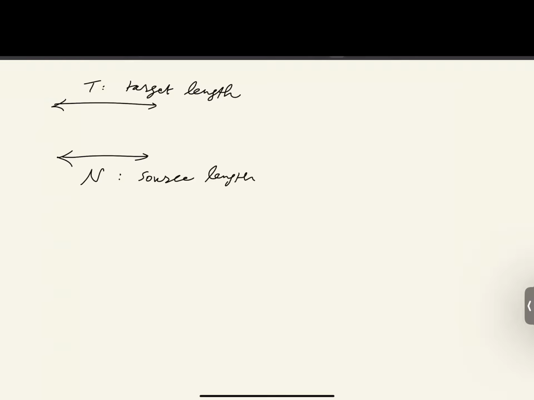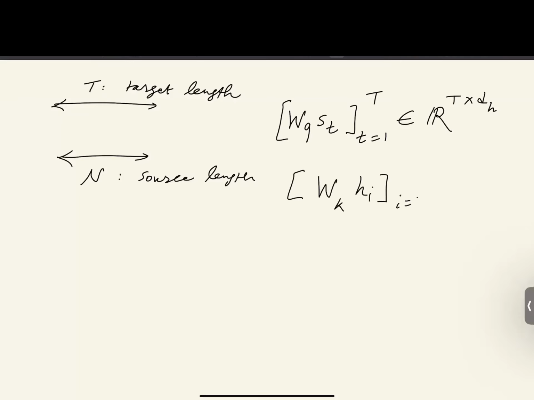Now we have W_Q s_t from t=1 to T, which is in R^(T×d_h), right? And on the other side, we have W_K h_i from i=1 to N.